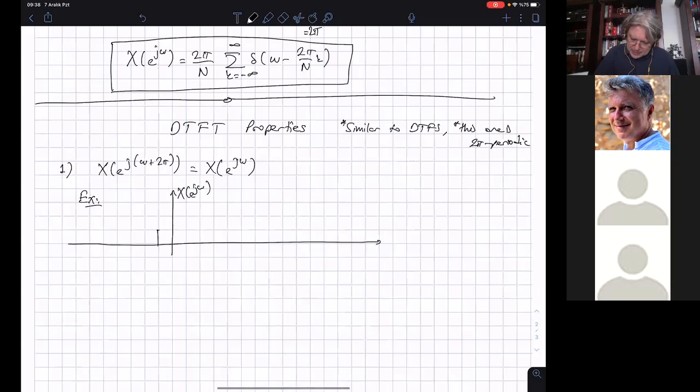It's a low pass signal from minus omega c to omega c. And let's say this position is pi, and we have around 2 pi, therefore it repeats. And here it repeats again, like this. So this is a low pass signal.